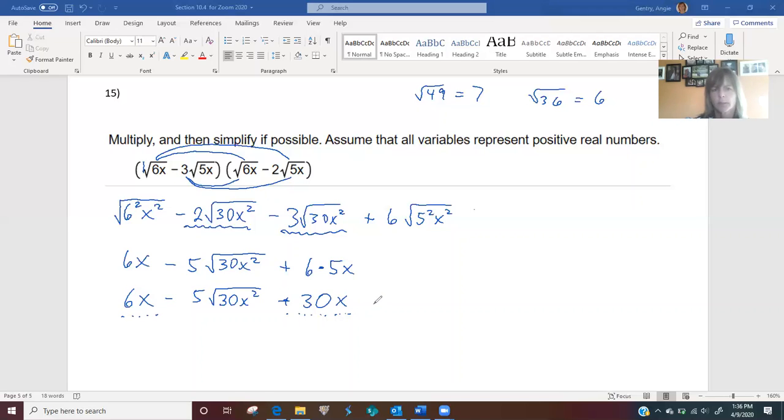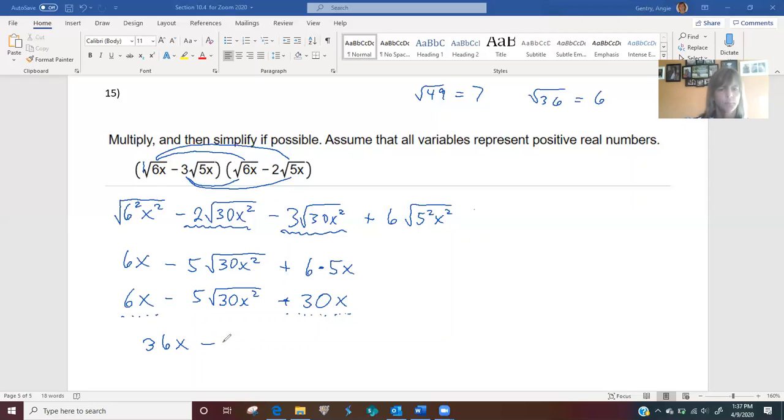Doesn't matter what the order is, 6x plus 30x is 36x, and just be careful. You're not going to have an x squared. 6x, this is like saying 6 apples plus 30 apples is 36 apples. So don't make that an x squared. That only happens when you multiply.